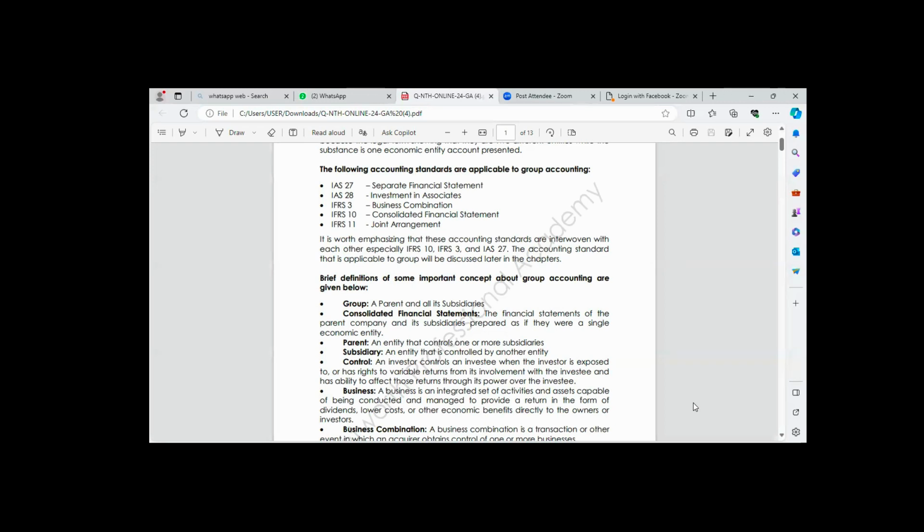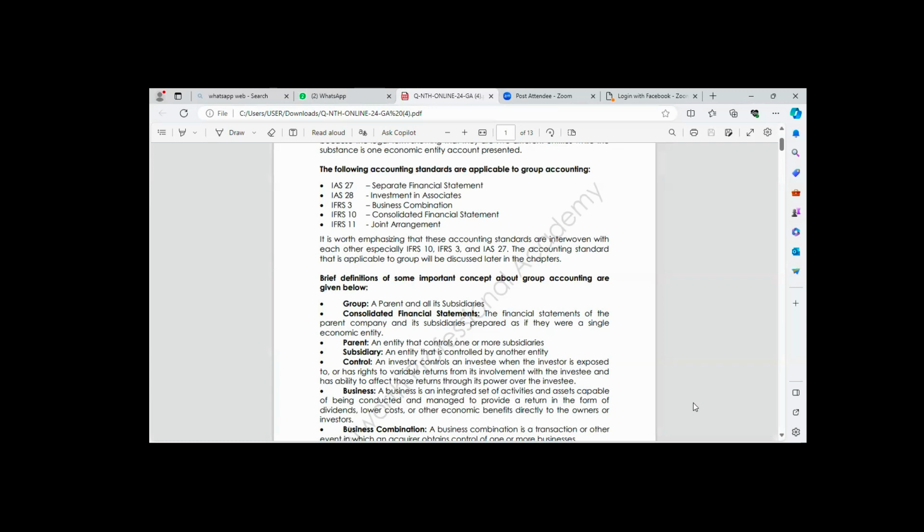Who is a parent? Parent that controls one or more subsidiary. For example, a man has control over the wife. We assume he's the parent. He has control. This is the same thing.